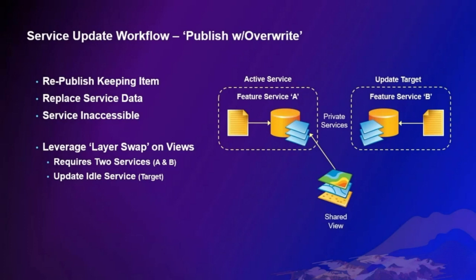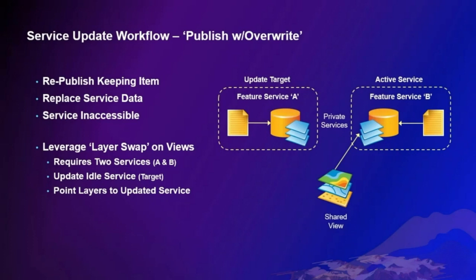And so when we do the replacement of the data, we update the target, the idle service. Then we implement the layer swap. What we're doing is altering the view itself and pointing it to the services or layers in the newly updated idle service that we worked on.